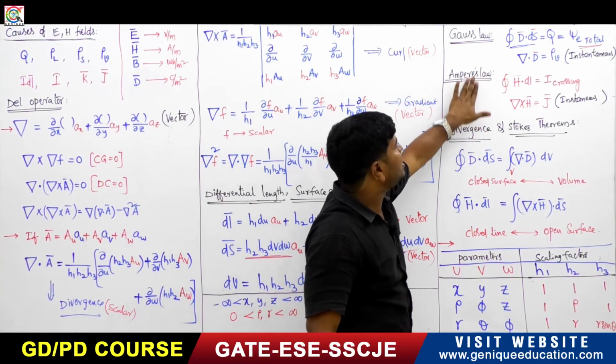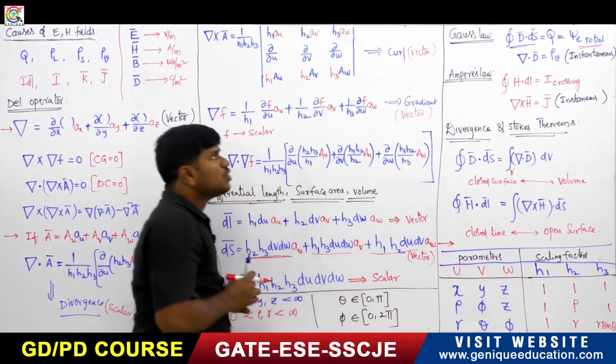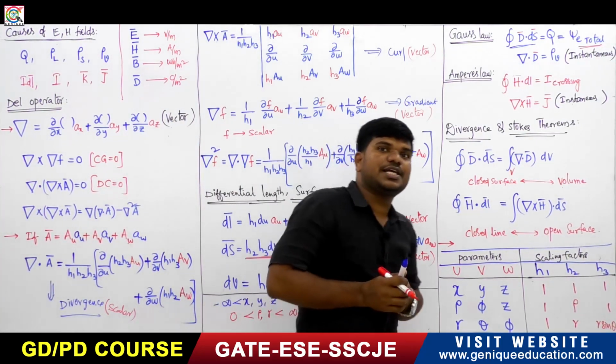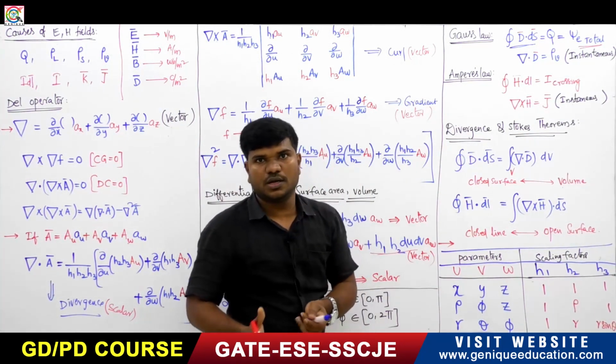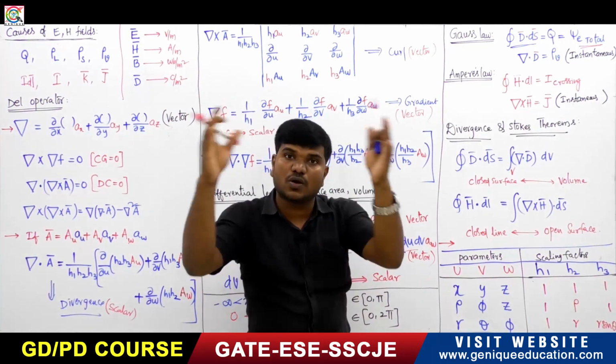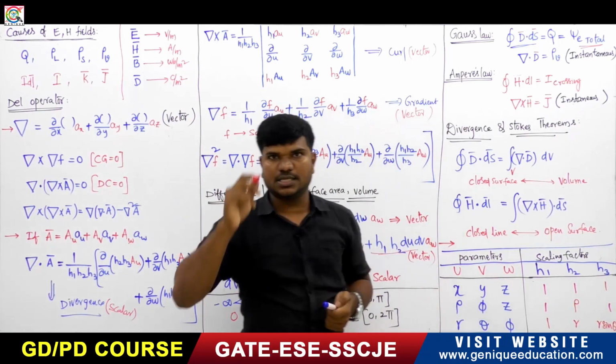Ampere's law is defined. So what is Ampere's law? Ampere's law says that the total circulation in any closed loop, or any closed length, is equal to the current crossing that surface.